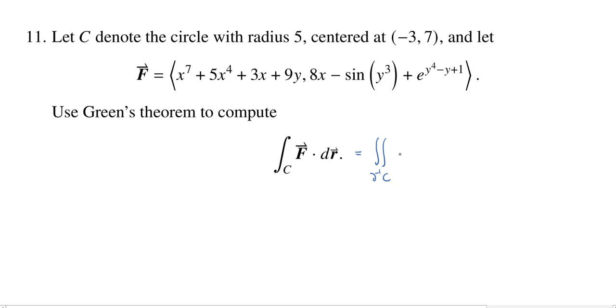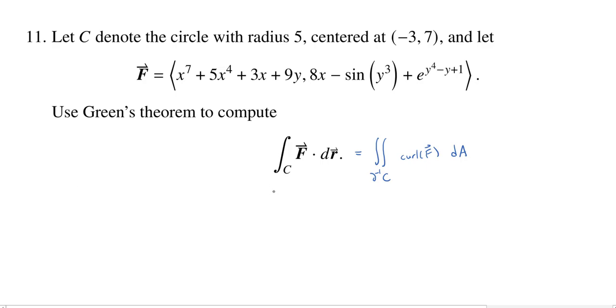And then we replace the vector field, since we're going to switch to a double integral, so we should have a scalar function. We're actually going to replace it with the two-dimensional curl. The 2D curl is actually just a scalar function, and we'll write that down in a moment. And then we have dA.